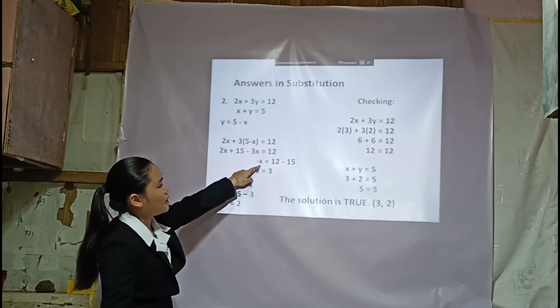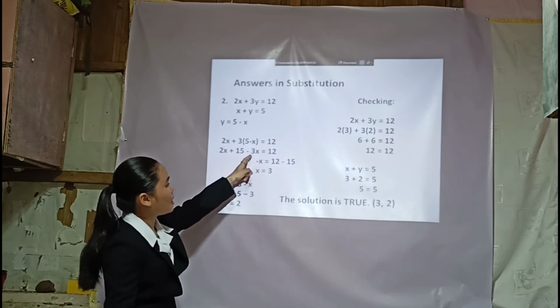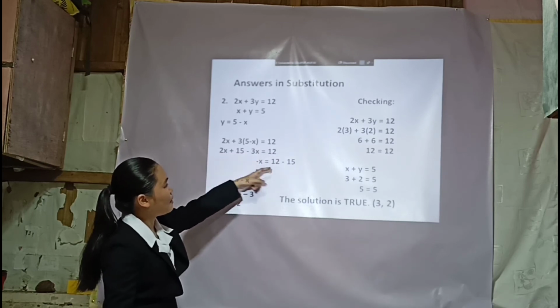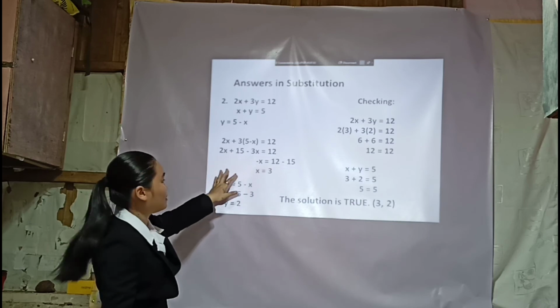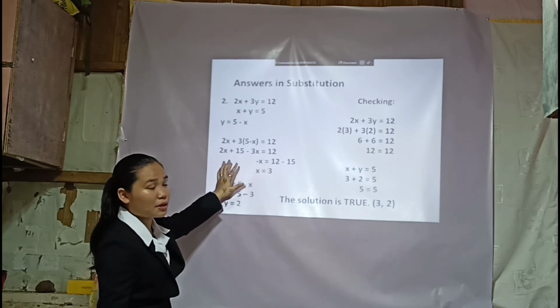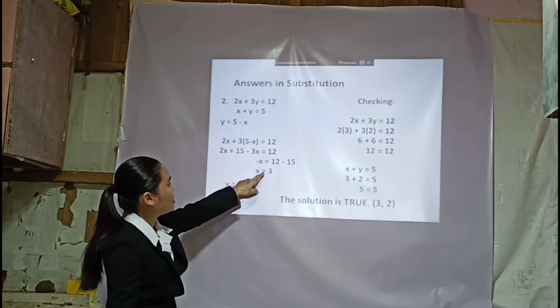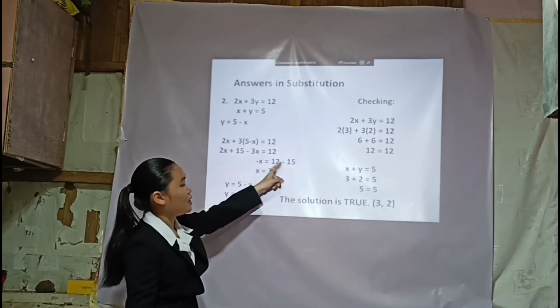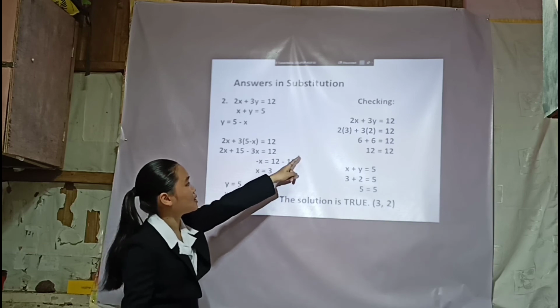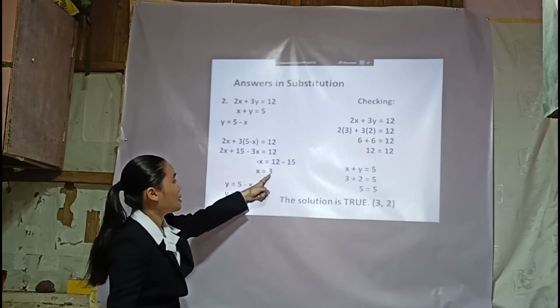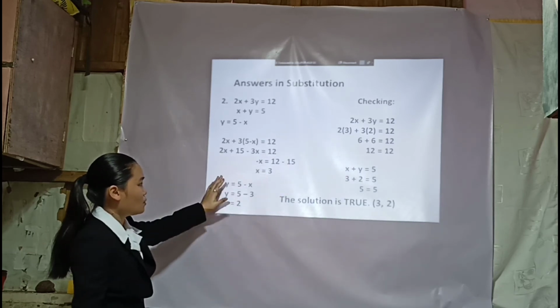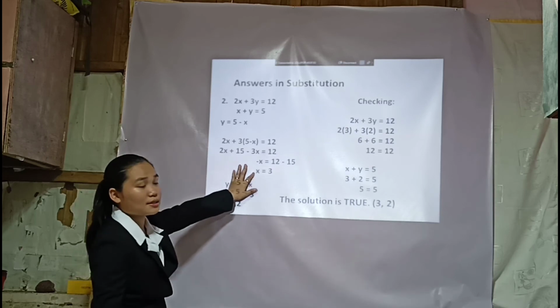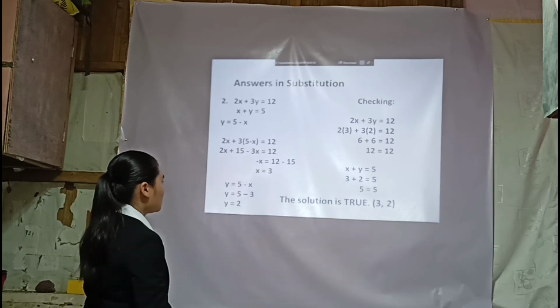So, since it is negative, we will multiply both sides by negative so that the value of x becomes positive. So, x equals, since 12 minus 15 equals negative 3, times the negative sign, it becomes positive 3. So, we have the value of x, which is equal to 3.